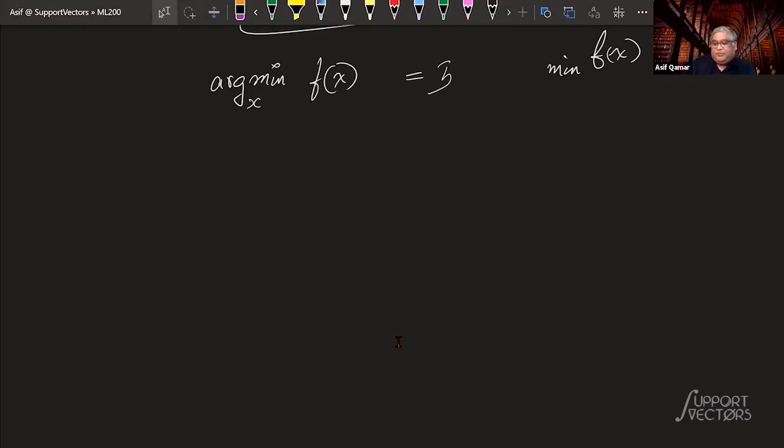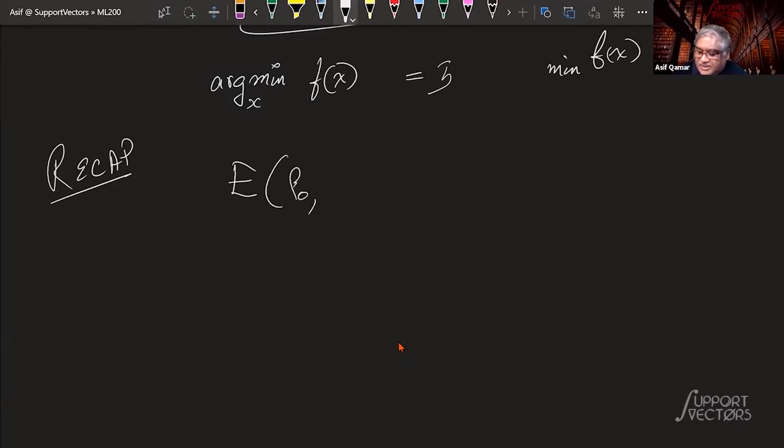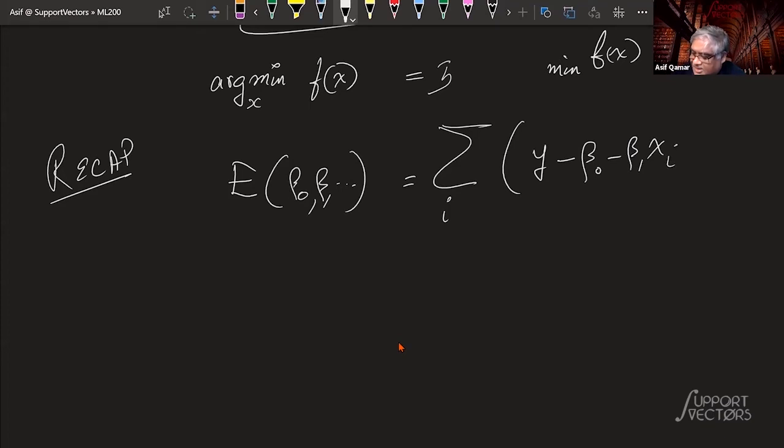Let me recap what we just did. The error term, which is a function of beta naught, beta 1, etc., is equal to the sum over all data points of y minus beta naught minus beta 1 x i, squared.